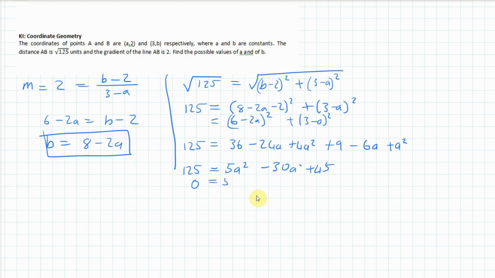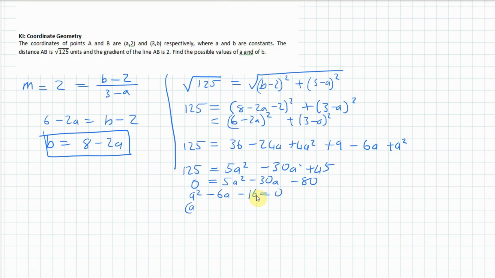So 0 is equal to 5a squared minus 30a. And then we're going to go, what is it, 45 minus 125, which is what, negative 80? Negative 80. And we're going to divide everything out by 5. So a squared minus 6a minus 16 equals 0.